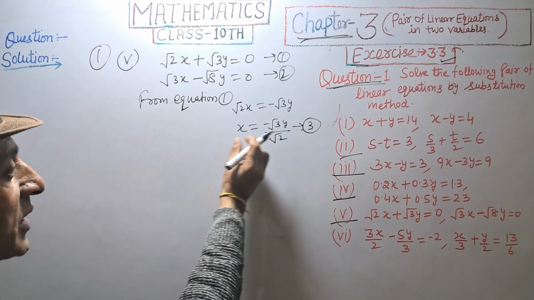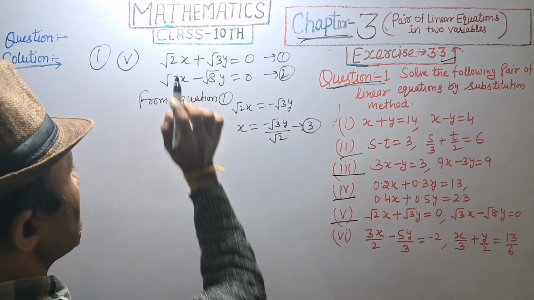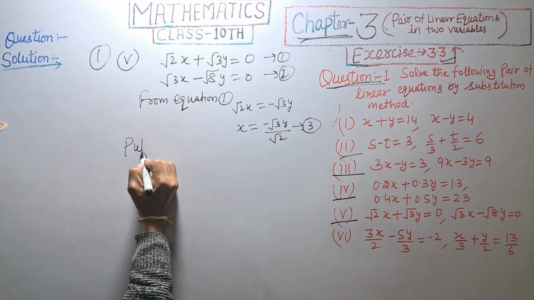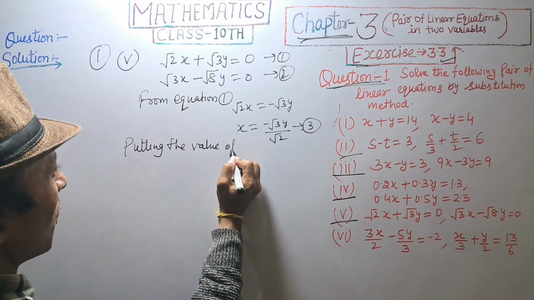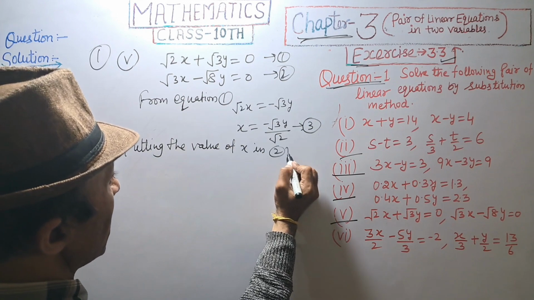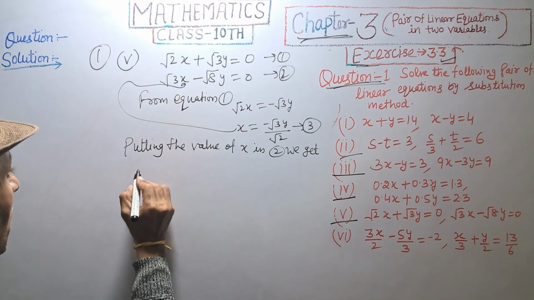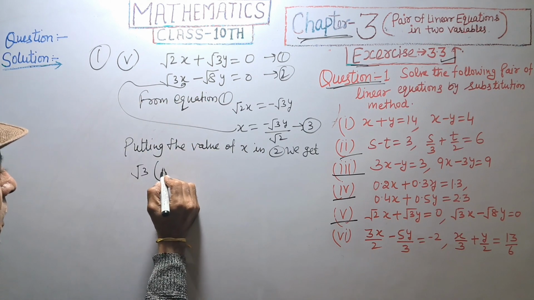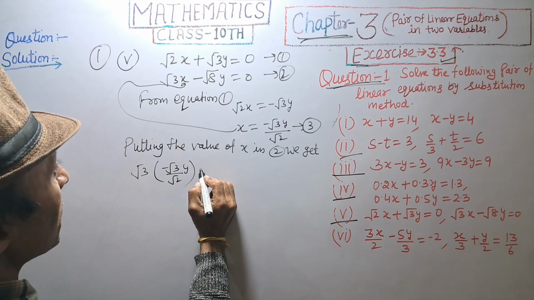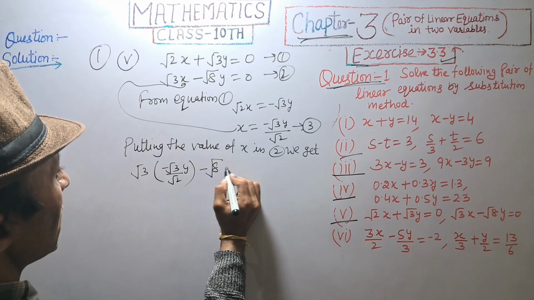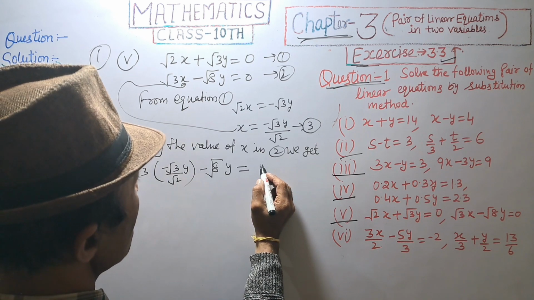And putting the value of x equal to minus root 3 upon root 2 y in equation number second. Putting the value of x in second, we get root 3 into minus root 3 upon root 2 y minus root 8y is equal to 0.